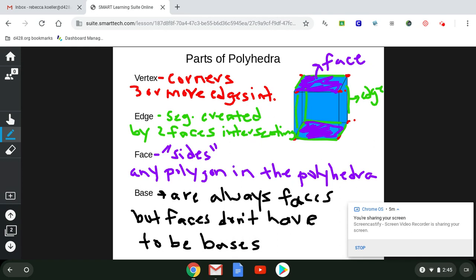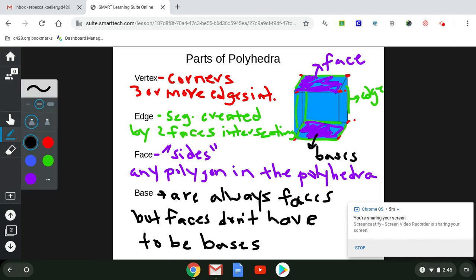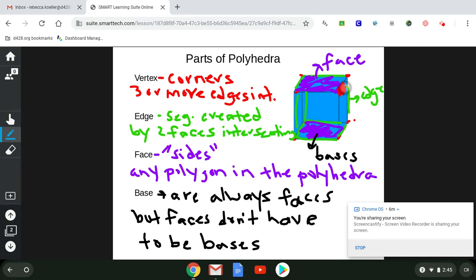The purple that I put on there as faces are actually the bases of the polyhedra. What I mean by faces don't have to be bases is that over here there's a face on this side. It is not the base because it is not the top or the bottom of the polyhedra, but it is a face because it's still a square. Remember, it just has to be a polygon to be a face.